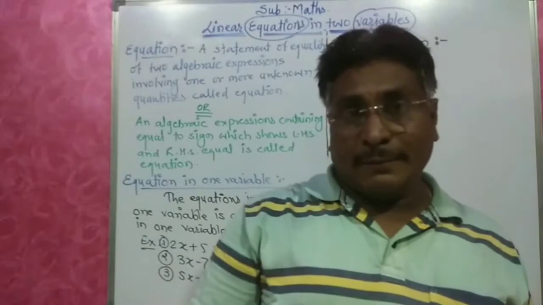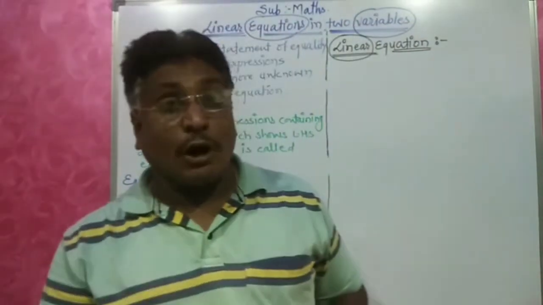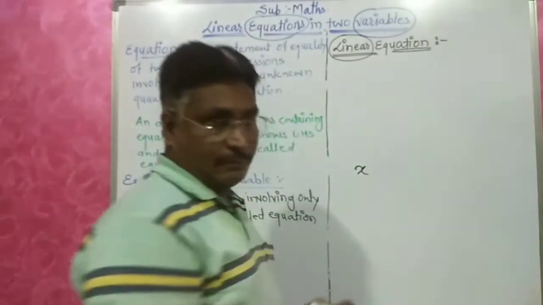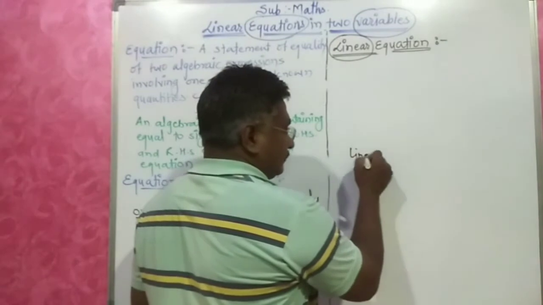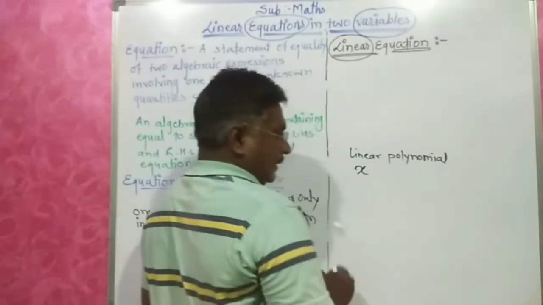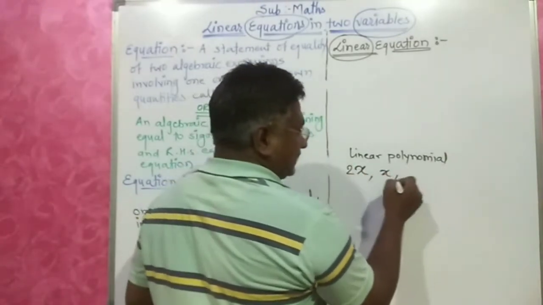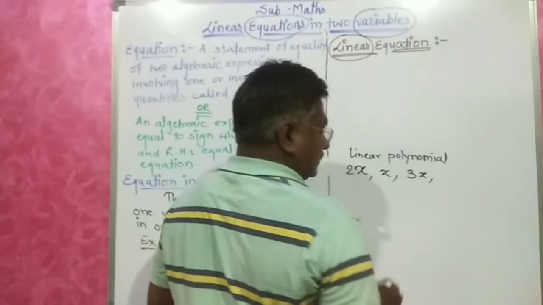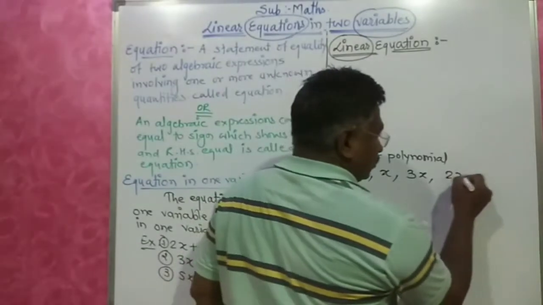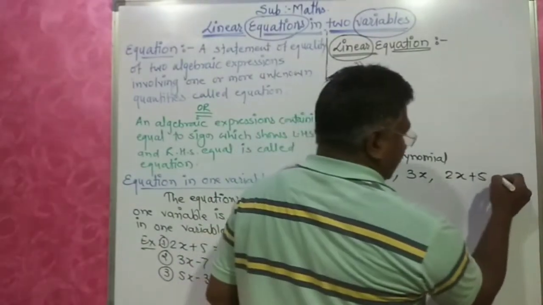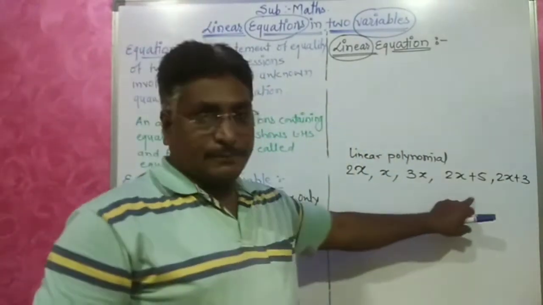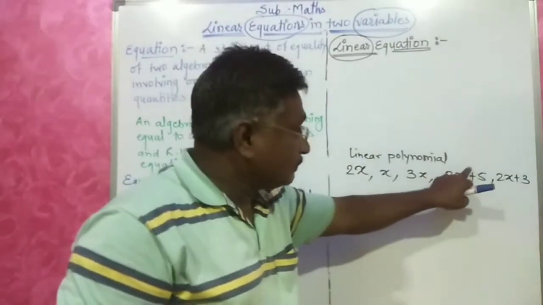Only x will come in a linear polynomial: 2x, x, 3x, 2x plus 3, 2x plus 5. These are linear polynomials, having degree 1, meaning the power is 1.